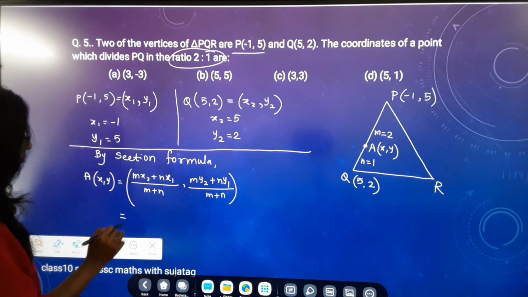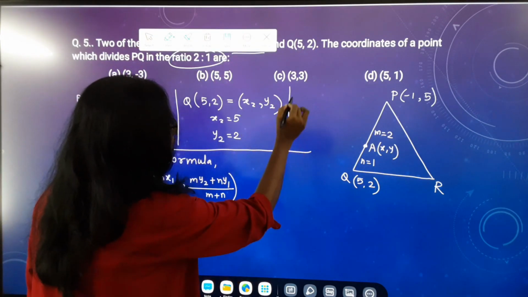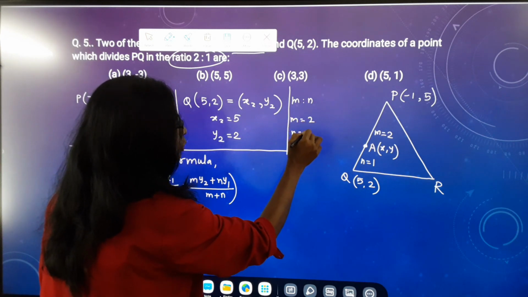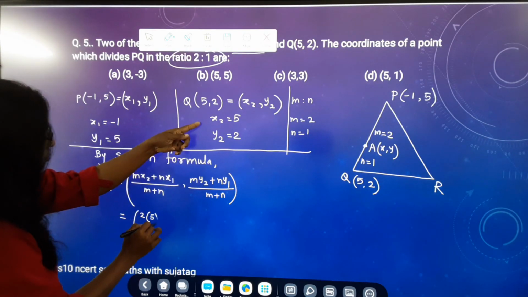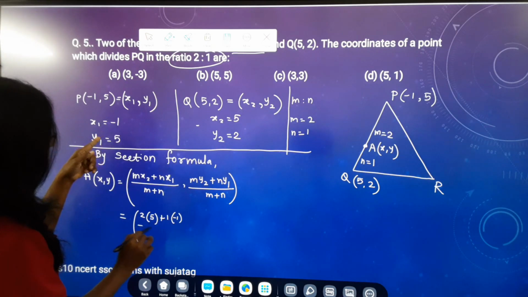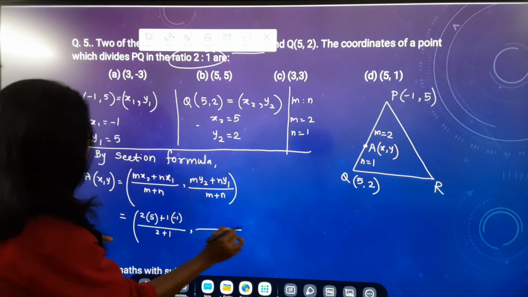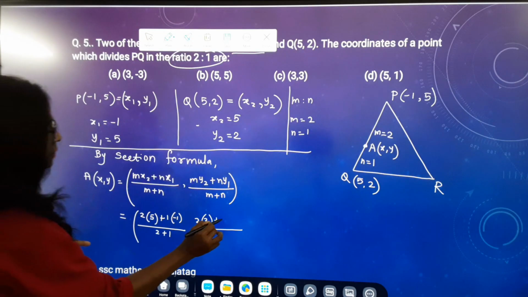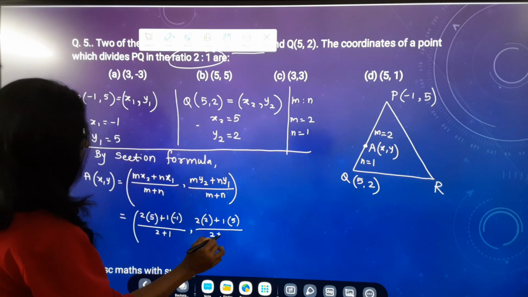Here m is equal to 2 and n is equal to 1. So now I take 2 multiplied by 5, plus n that is 1, so 1 multiplied by x1, that is -1, upon m plus n, that is 2 plus 1. And 2 multiplied by y2, that is 2, plus n, that is 1, so 1 multiplied by y1, that is 5, upon 2 plus 1.